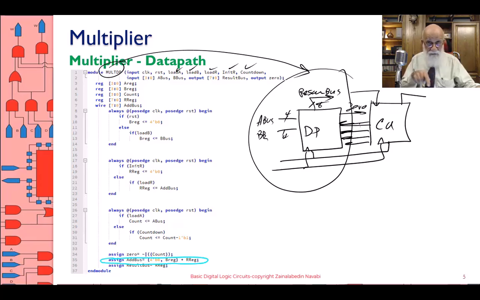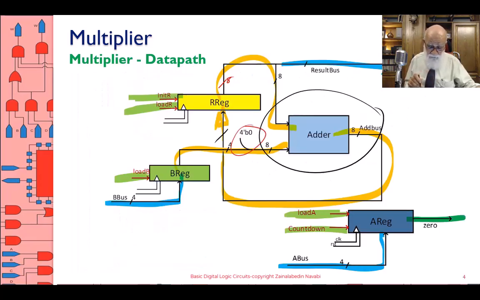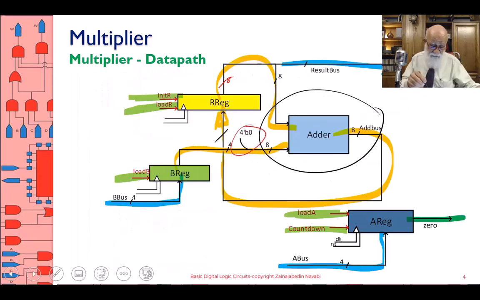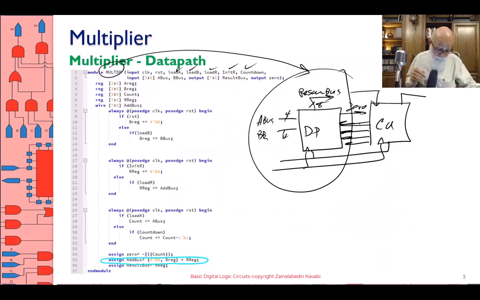All right, let's go back and talk about this implementation. What's inside this? I already showed you the add bus. Let's talk about the reg. Reg is a register, and therefore I have to declare it as reg, 7:0. Okay, this is reg. I have A reg, I have B reg, and I have a counter.